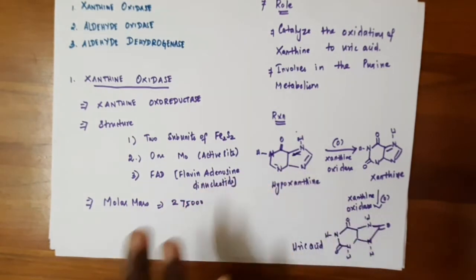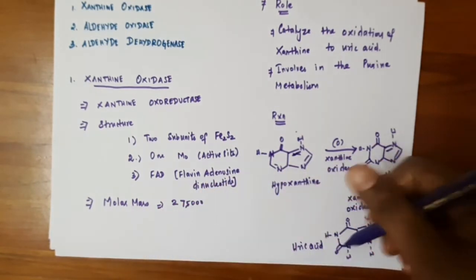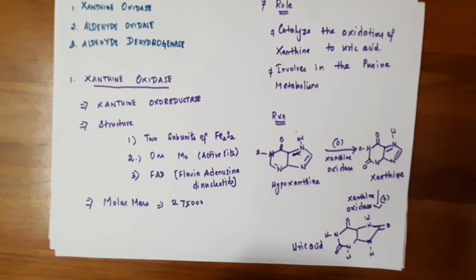So this is the conversion of xanthine to uric acid with the help of xanthine oxidase.